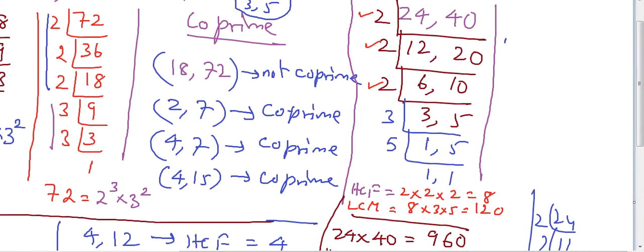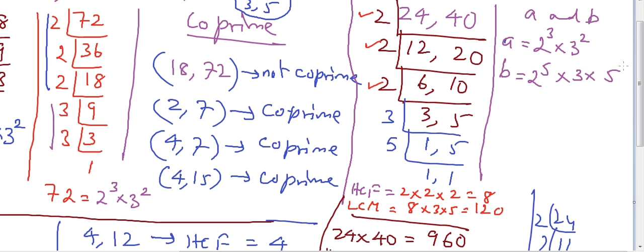Suppose there are two numbers, A and B, and we need to find the HCF and LCM of A and B. Let's say the prime factorization of A is 2 power 3 into 3 square, and B is 2 power 5 into 3 into 5.